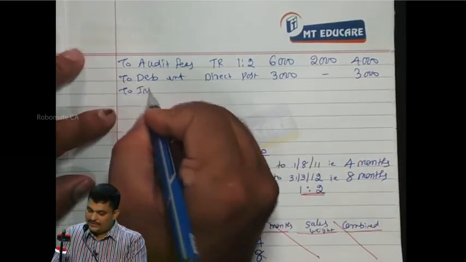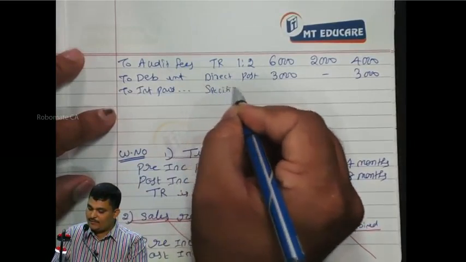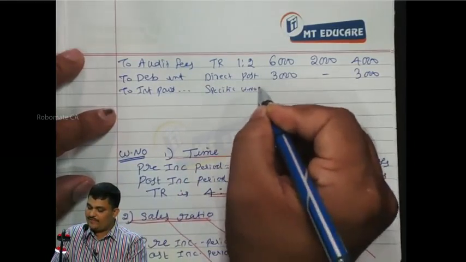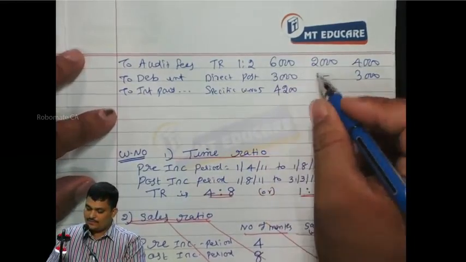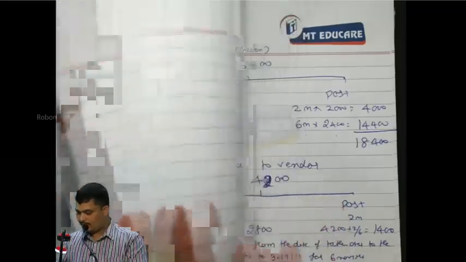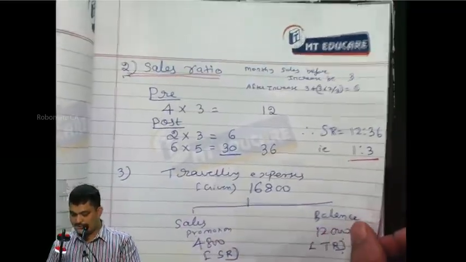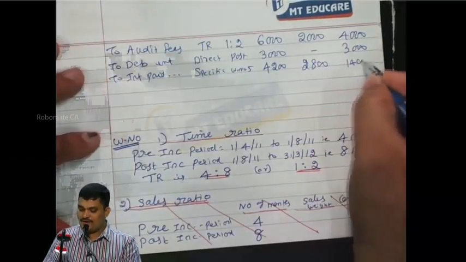To interest paid to vendors, specific, working note number 5, 4,200, 2,800, 1,400.